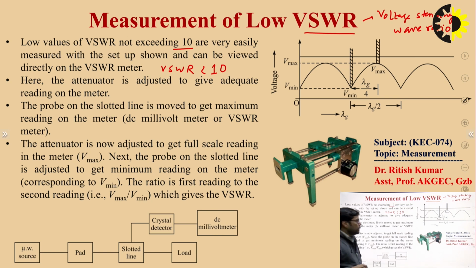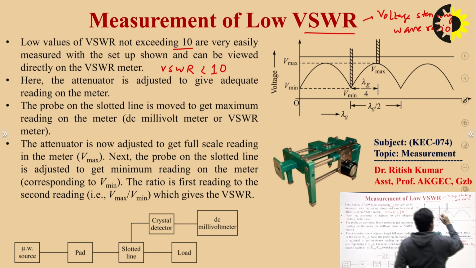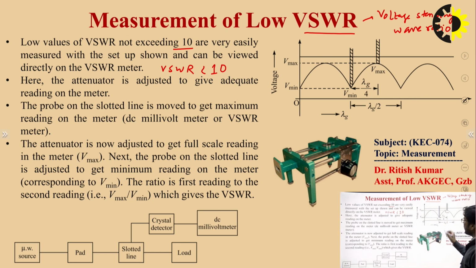Here you can see a pattern of VSWR that we have obtained through this slotted waveguide section. In the pattern there is a maxima, minima, maxima, minima pattern that you will get after receiving the power from the slotted waveguide section.